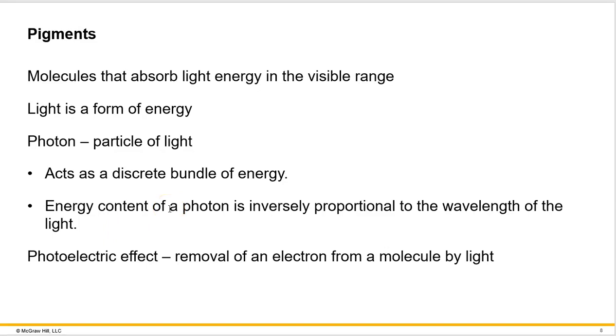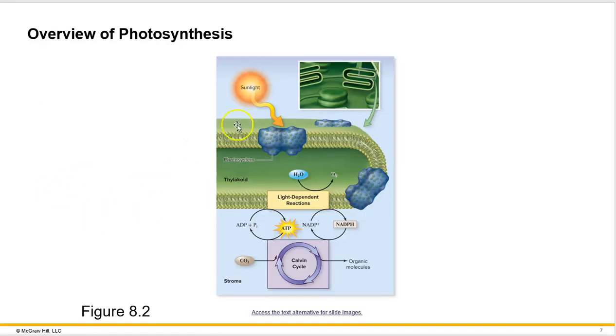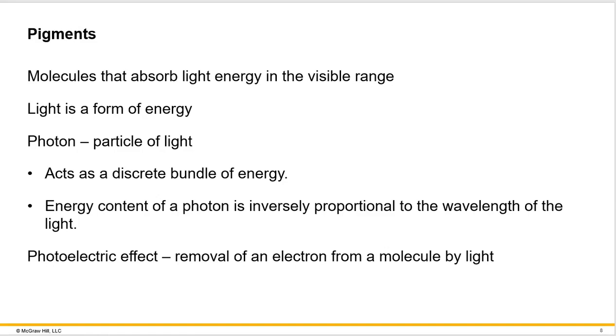Molecules that absorb light energy in the visible range are called pigments. And in this case, pigments are important because I said, here's a photon of light coming down. Well, how do we get energy from that photon of light? And it's because of pigments. And photons act as this little discrete bundle of energy, and the energy of a photon is inversely proportional to the wavelength of the light.